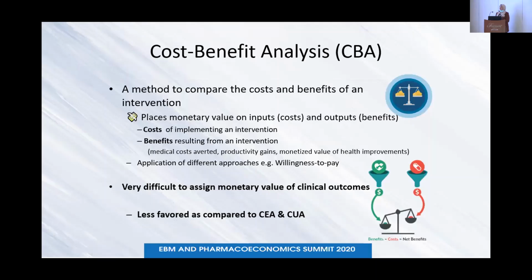Moving to another type, which is the cost-benefit analysis. In cost-benefit analysis, we try to give a monetary value to the cost of our alternatives, as well as to the outcomes. Giving a monetary value is not an easy thing when looking at the outcomes, for example the mortality rate or morbidity rate. The decision would take a lot of effort and a long time to be made.